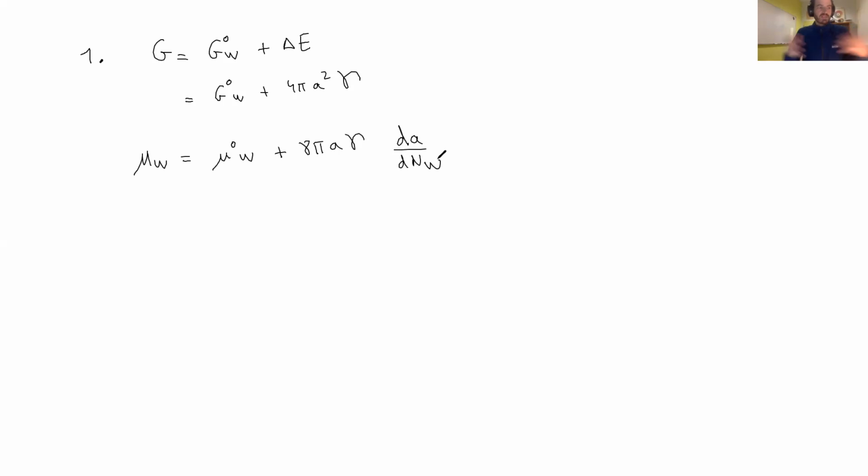Of course, if I have plenty of water molecules, I have a large droplet. If I have not a lot of water molecules, I have a small droplet. So the radius of the droplet is related to the number of water molecules. In fact, by conservation of volume, I can say that I have a certain number of water molecules multiplied by their individual volume, which is the molecular volume. And this should be equal to the volume of the droplet if it's pure water.